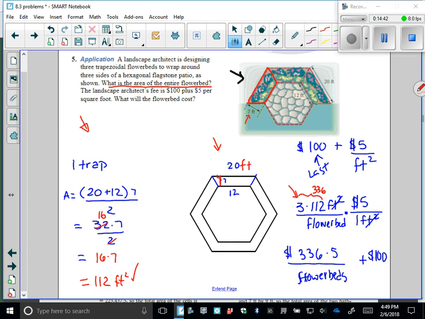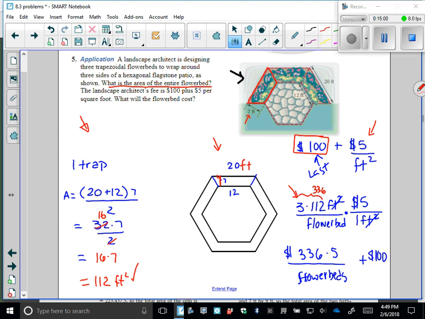So that was the first part, and then the landscape architect's fee is $100. So this $100 is before any of the work is done, plus $5 per square foot, and so that's the variable rate.